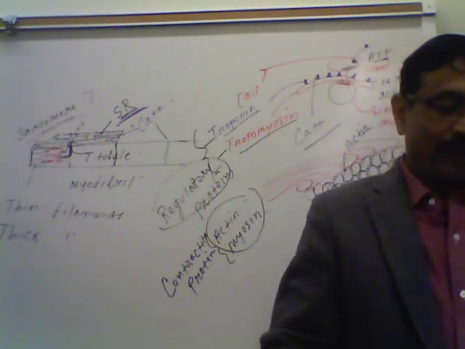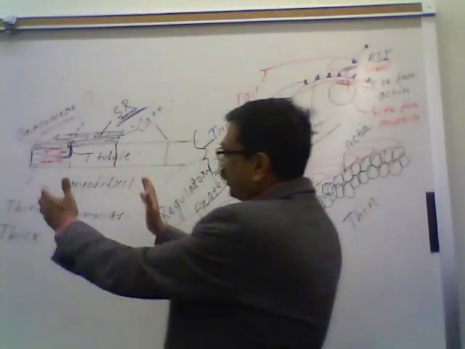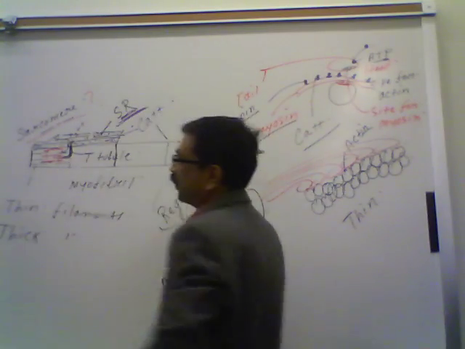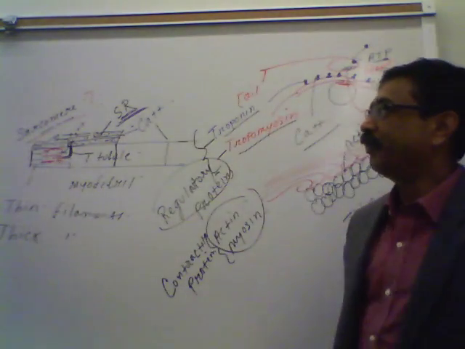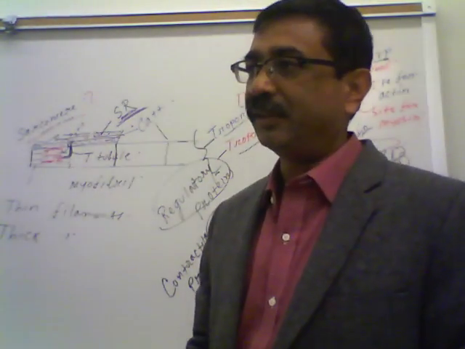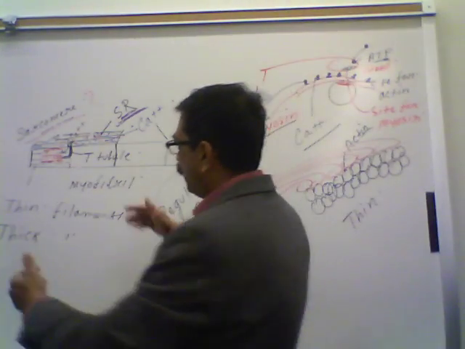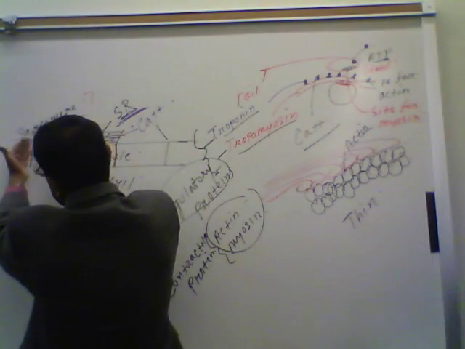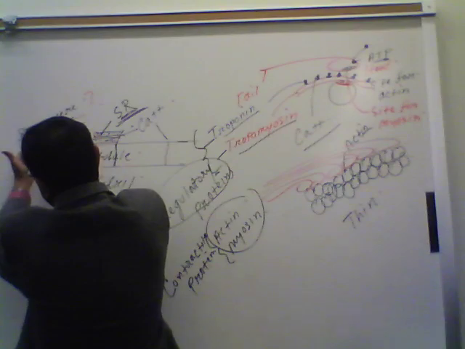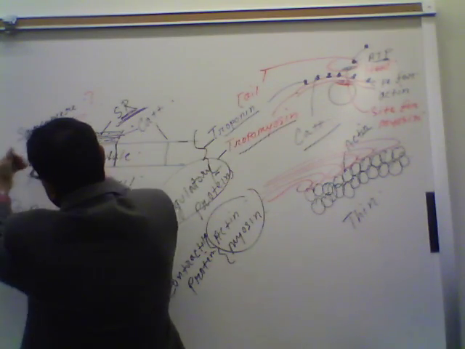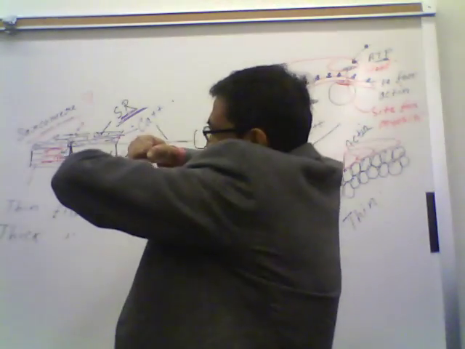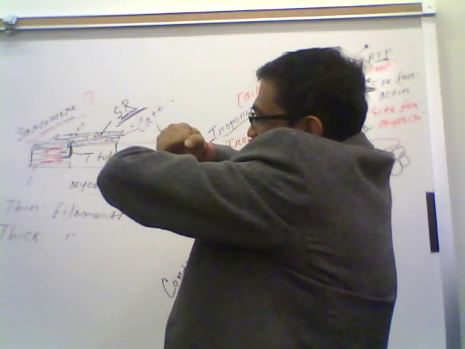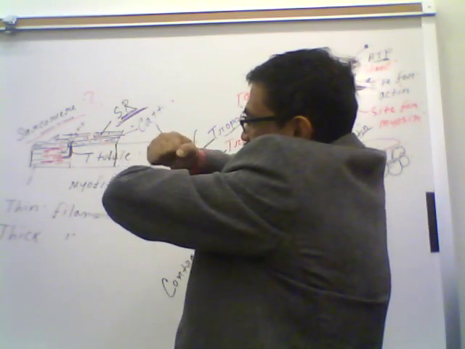Now, the mechanism of muscle contraction is called the sliding filament model of contraction. Why? You already know. You see here, when the Z discs come close to each other, what happens? This is myosin, this is actin. So they move over each other like this.